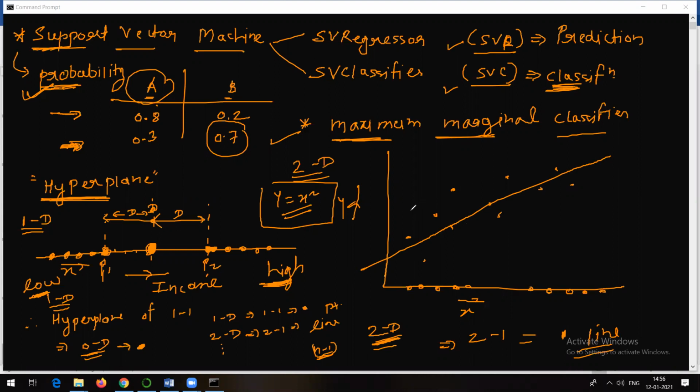Suppose you want to solve a problem of which students are average students and which are non-average students. Out of all the students, suppose these data points are representing students or their marks, for example. The students whose marks are above this line, suppose they are non-average students, right?